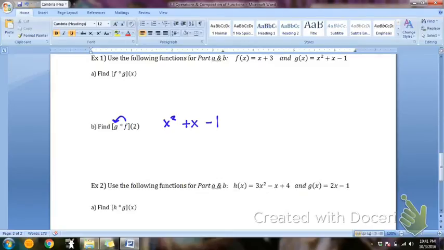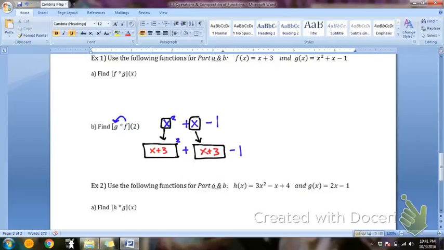Then it's saying wherever you have an x, you're going to take the x out and put in the entire f function. So my f function is x plus 3. Now notice, this is still squared, I'm still adding, and I still have my negative 1 down here.